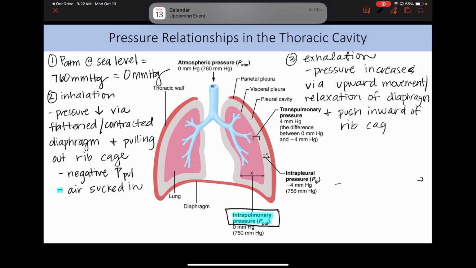So we're making everything smaller. The diaphragm relaxes and goes back to its dome shape. The rib cage is pushed downward and inward.